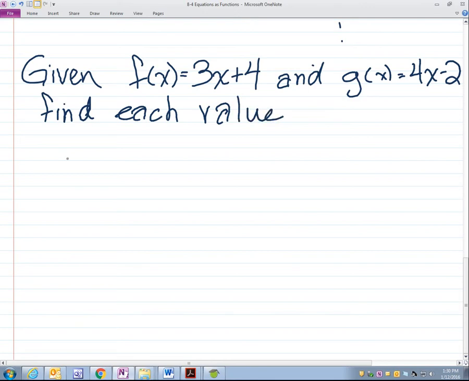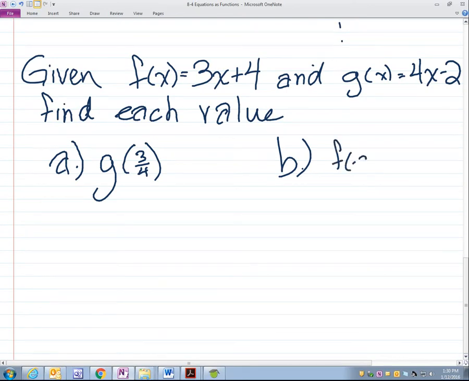And we have g of 3/4 and f of -3. We have different variables there with different values in the domain. So go ahead and solve these, and I'll show you what I got.